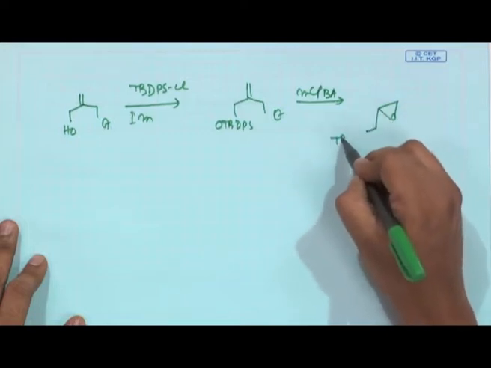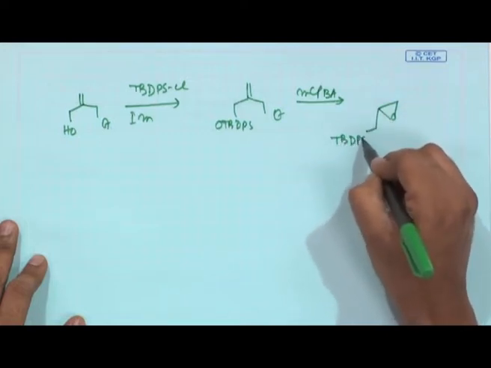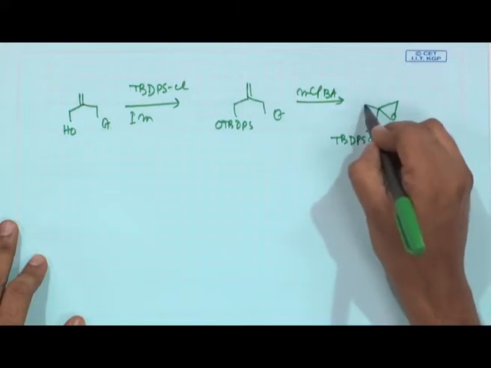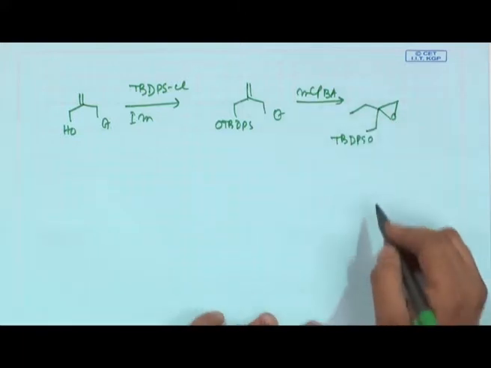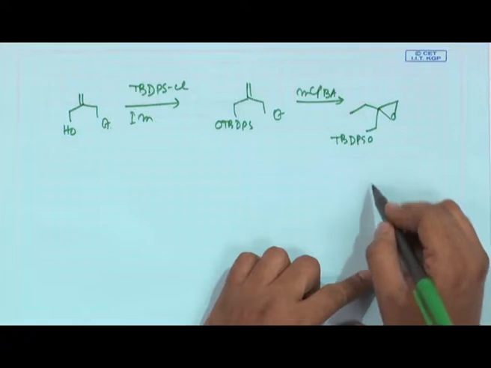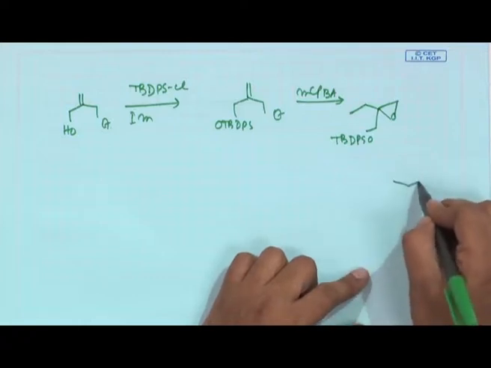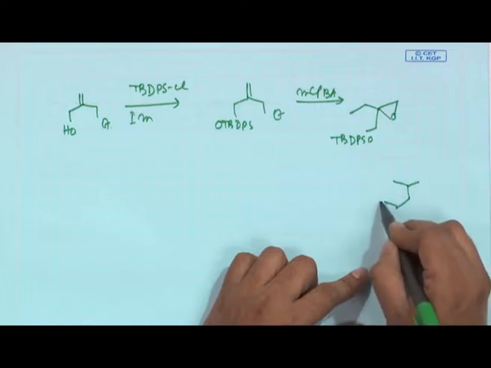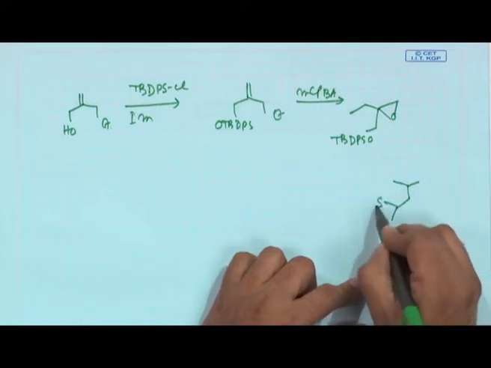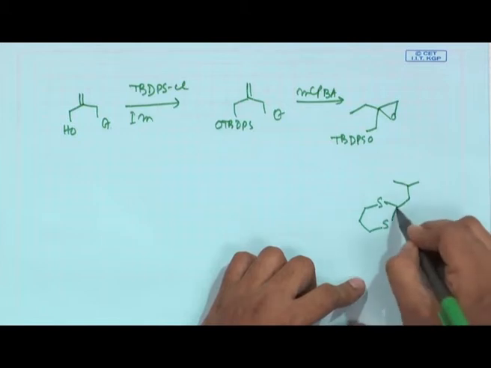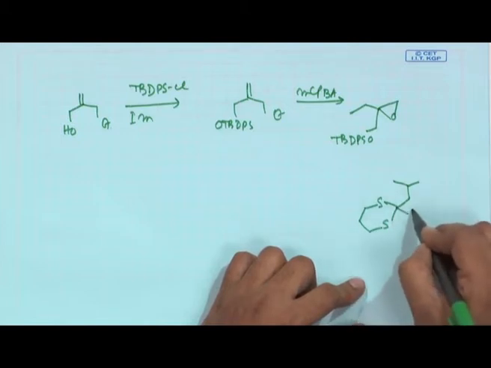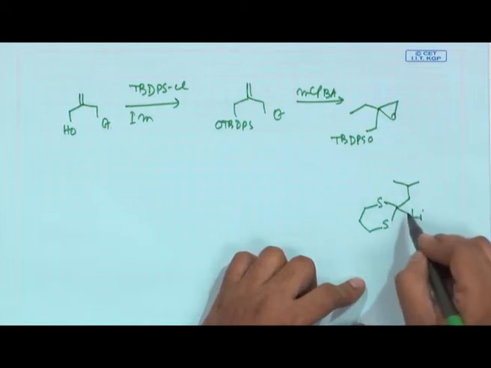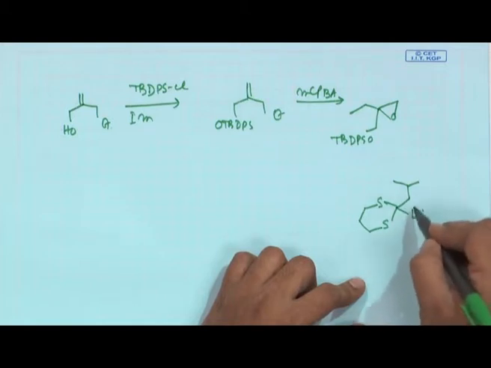We will try to write it in this way. Now, here we will be using this anion, which is basically having this 1,3-dithiane moiety. We pick up the hydrogen by a base and put a lithium, meaning a negative charge.